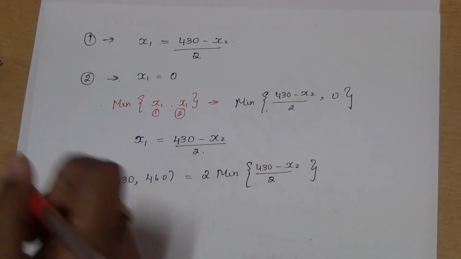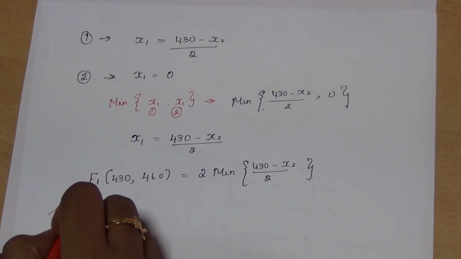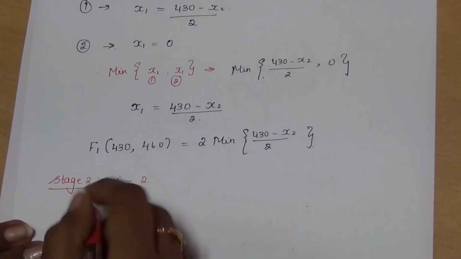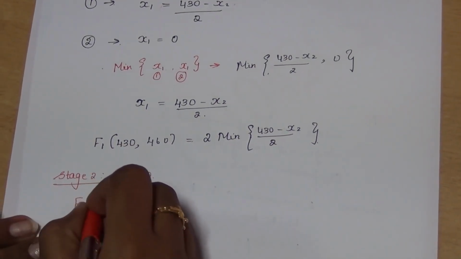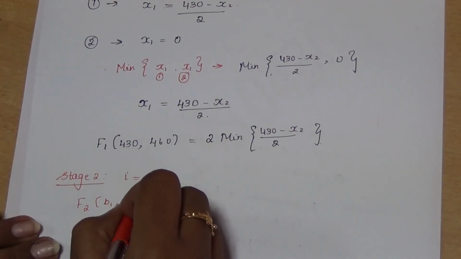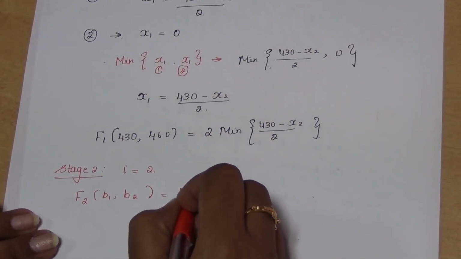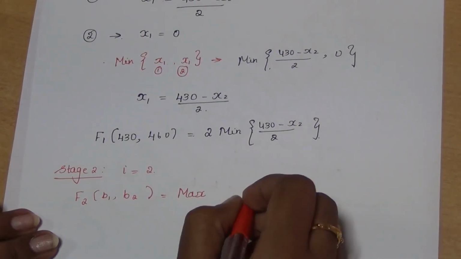Now let's go to stage number 2, where i's value will be 2. The function framed here will be f2 of b1, b2.